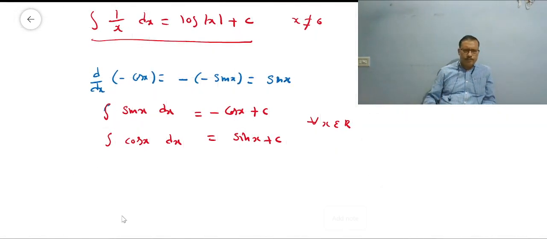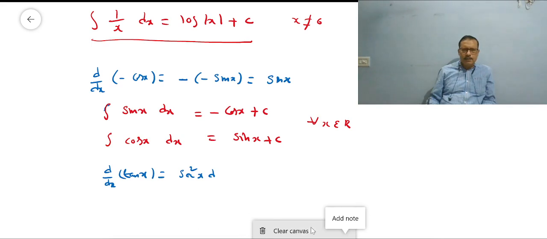Okay, right. So d by dx of tan x is equal to secant square x.